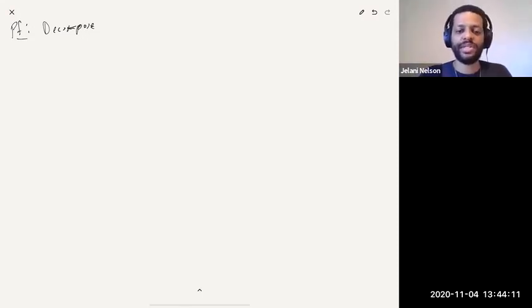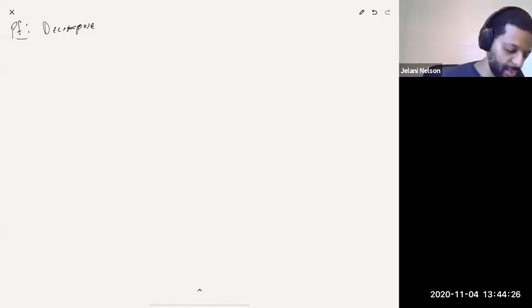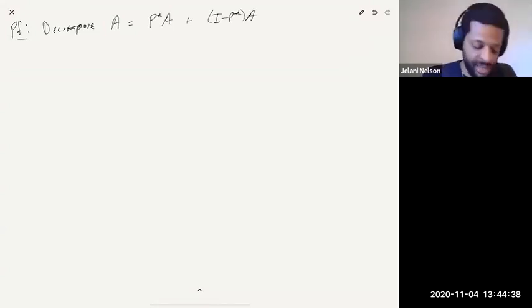So now we're going to also do a decomposition, but instead of using the optimal rank K projection, we're going to use the optimal clustering projection. So we're going to decompose A as P star A plus identity minus P star A. That's the projection onto the orthogonal subspace.